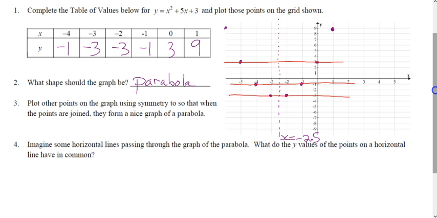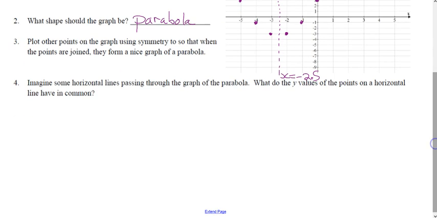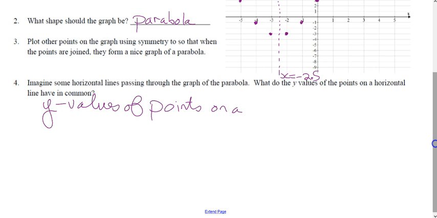I'm just going to remove those 3 red lines. Y values of points on a horizontal line are the same.